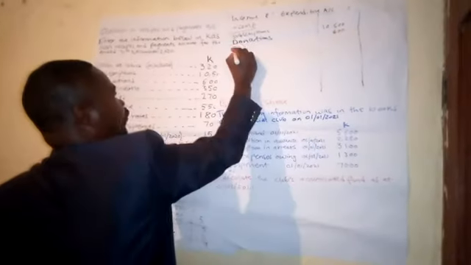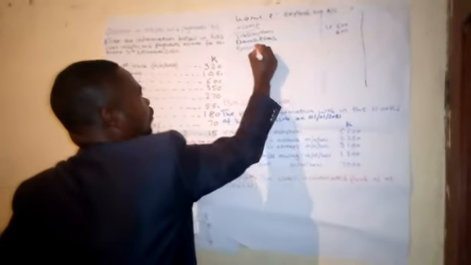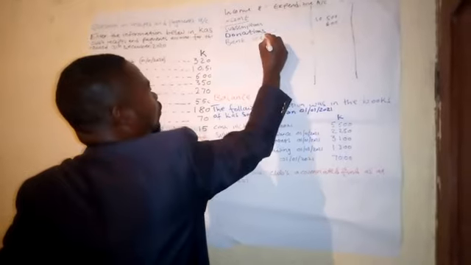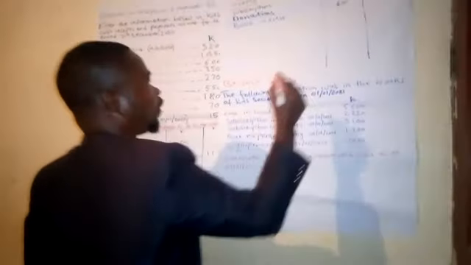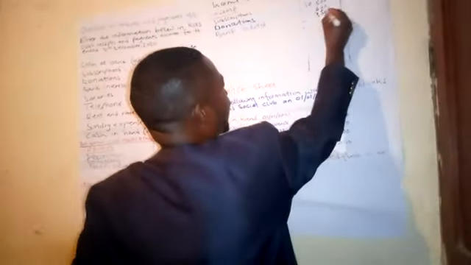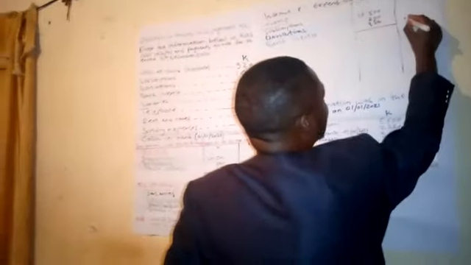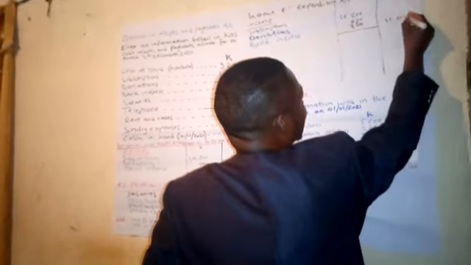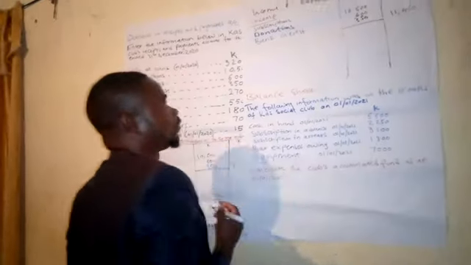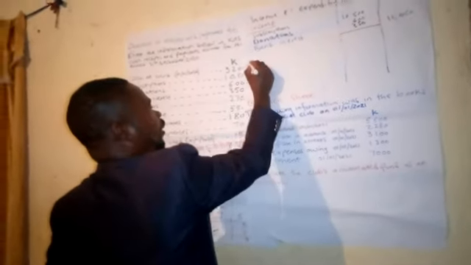Then bank interest, we had 350. Okay, so when you add these, you get 11,450.